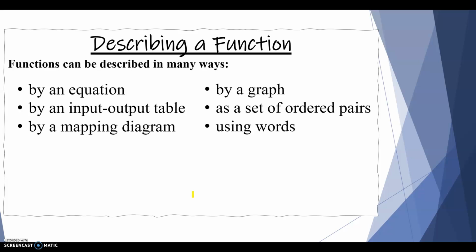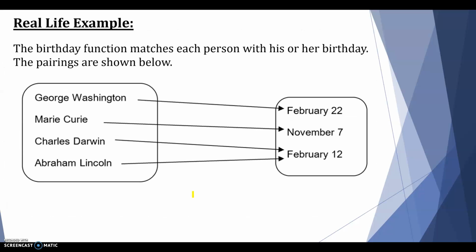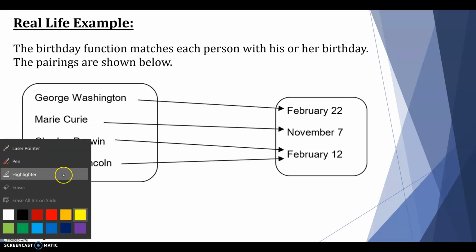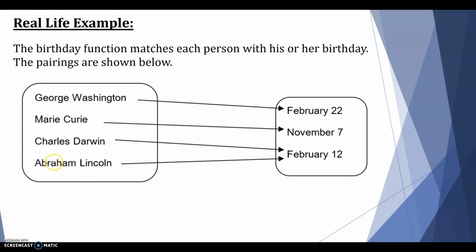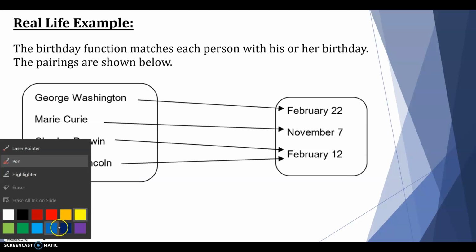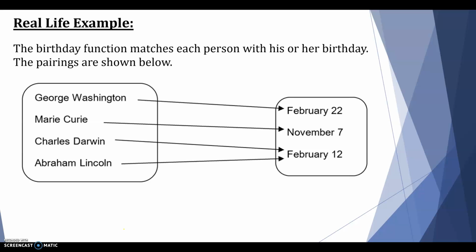Okay, so let's relate this to real life, and you probably will know this. You have a birthday function. Let's just talk about that you only have one birthday, and no, half birthdays do not count. If you look at this function, you have George Washington being paired with February 22nd. That's his birthday. Marie Curie has a birthday on November 7th.